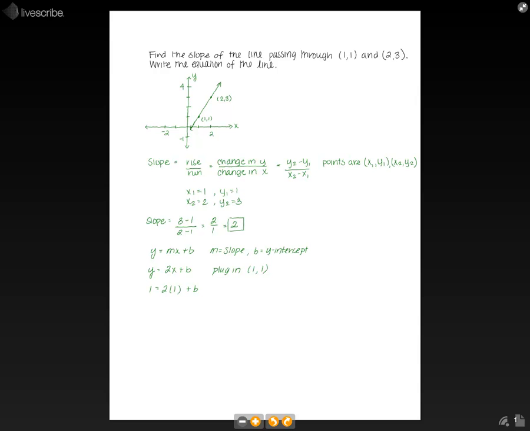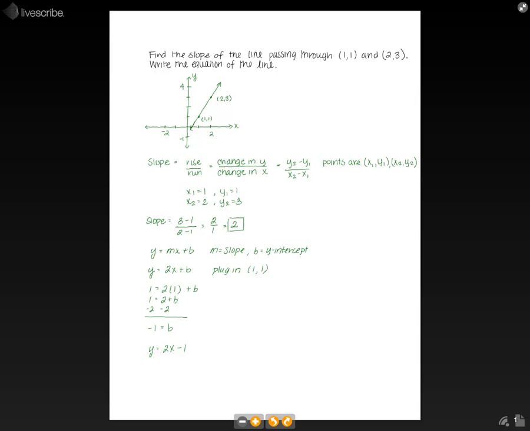So we can solve for b now. So 1 is equal to 2 plus b. So subtract 2 from both sides, and we end up with negative 1 is equal to b. Alright, so now we can rewrite our final equation as y equals 2x minus 1.